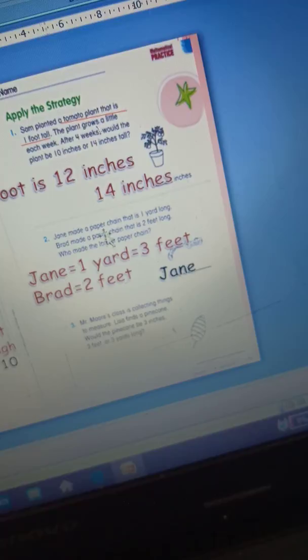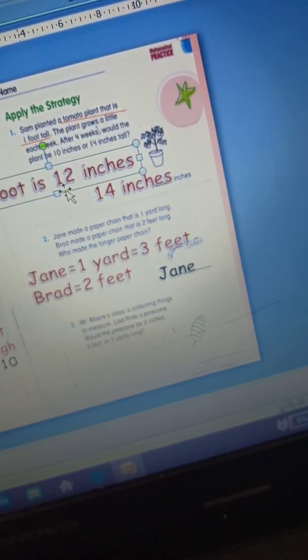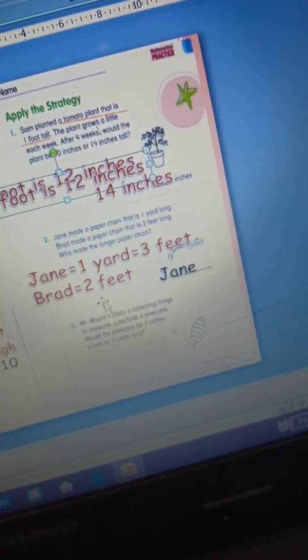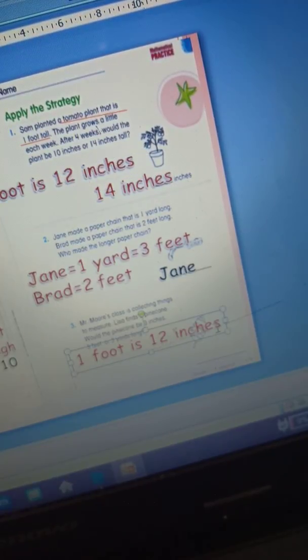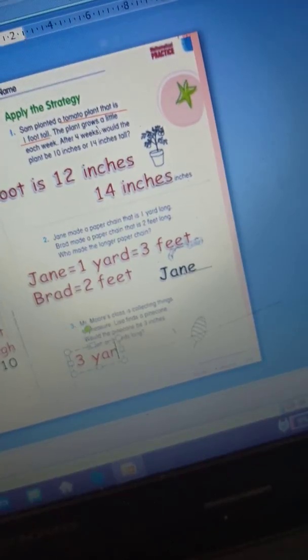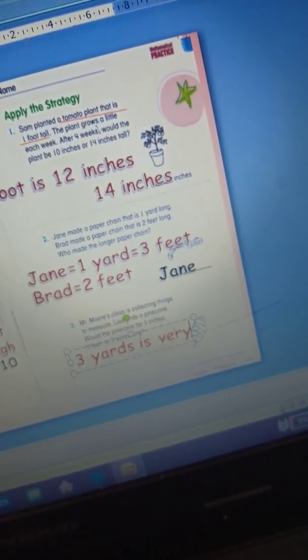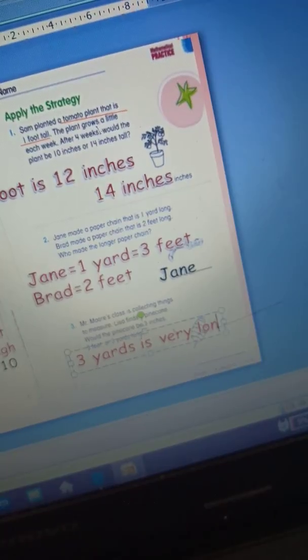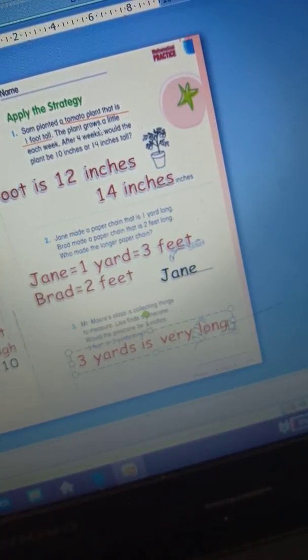The 3 yards is very long. Correct. The 3 yards is very long. It is too much. The 3 yards means it is 3 plus 3 plus 3. So 9, right? 9 rulers. It is 9 pieces of our 12 inch ruler. Yeah, it is very long.